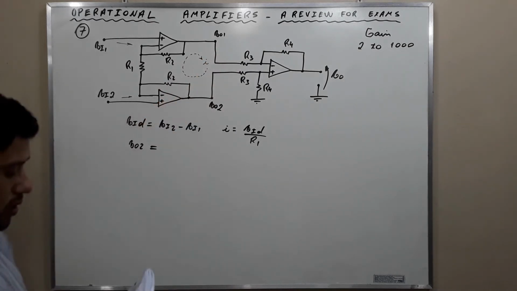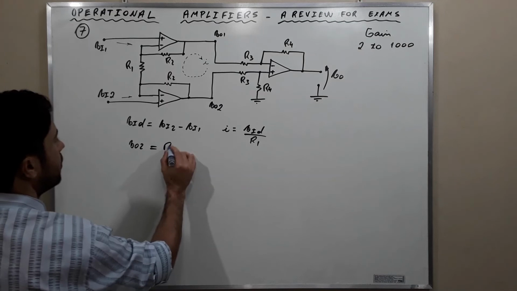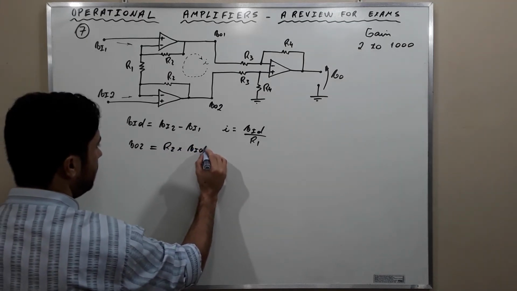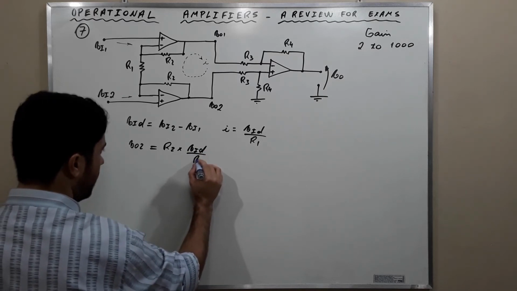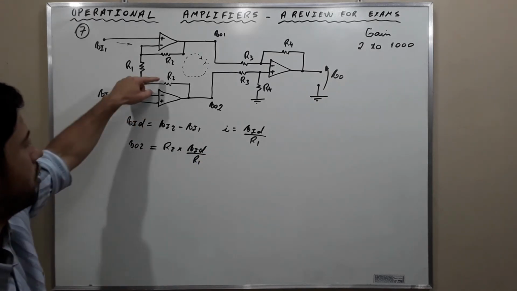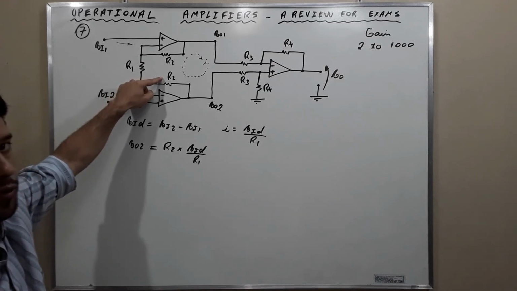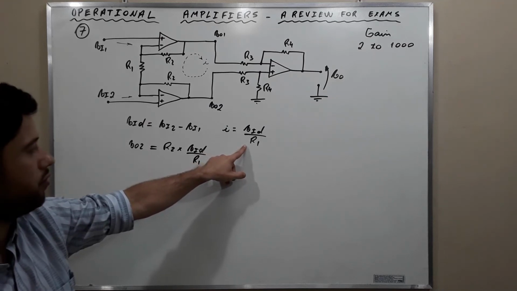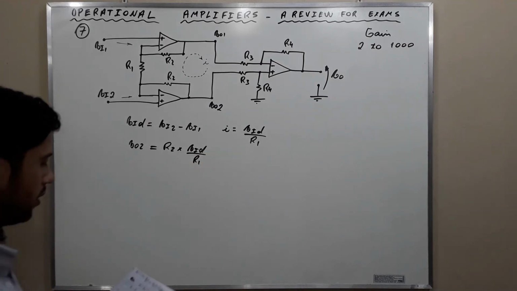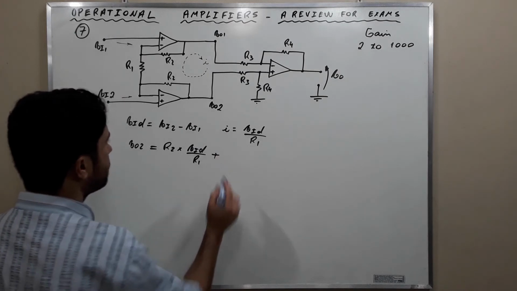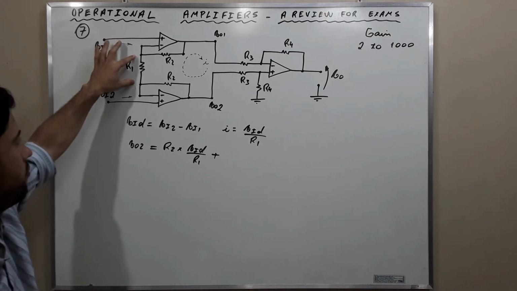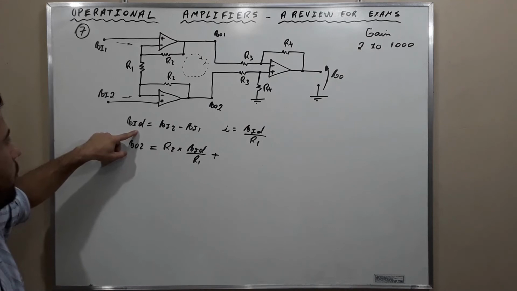The voltage drop here is R2 times VID over R1, okay? The voltage drop here is the product between the resistance and the current. We have already understood that the current is this, plus the voltage across the resistor R1.